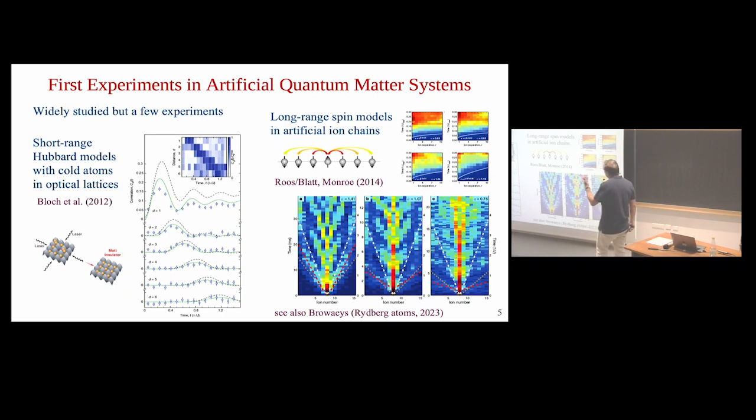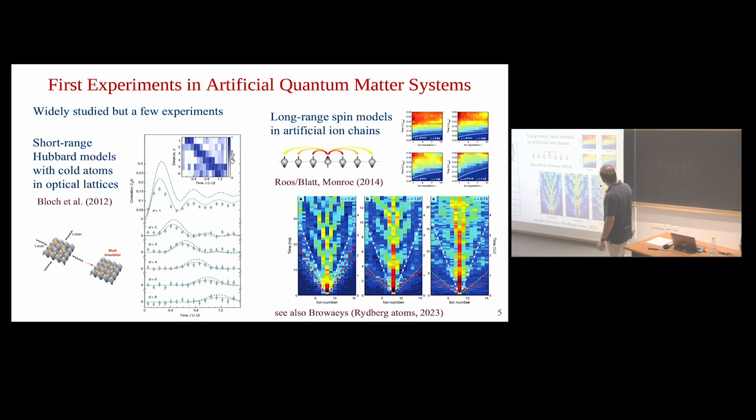They realized these spin models in ion chains by engineering some long-range interactions, and they observe a propagation of correlations. There is another work in the group of Rainer Blatt, exactly at the same time, where they observe the same kind of thing. The system is a little bit different. In the case of Monroe, it's an XY model. In the case of Blatt, it's an Ising model. And they observe the same kind of propagation as a function of time.